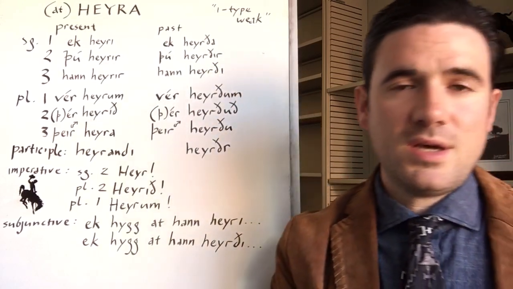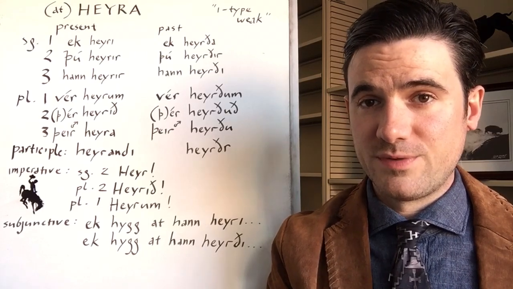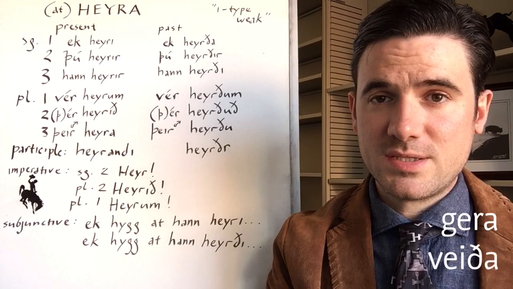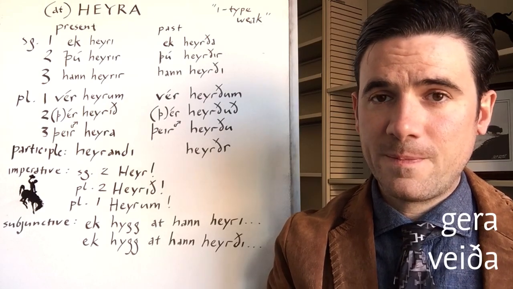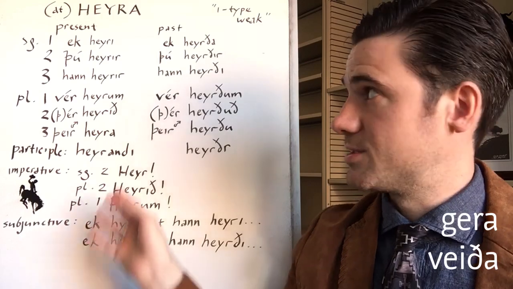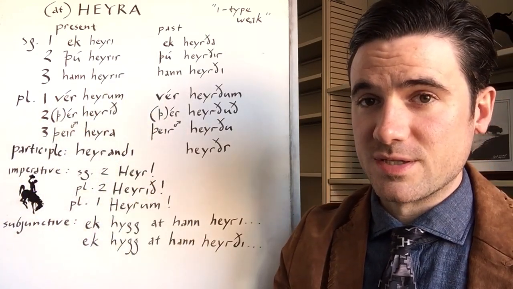So if you take another verb in Old Norse that is an I-type weak verb, gera, to do, veiða, to hunt, many others, you can plug it into these endings. Just take the høyr off, insert the root from the other verb, and you've got the endings for that verb.